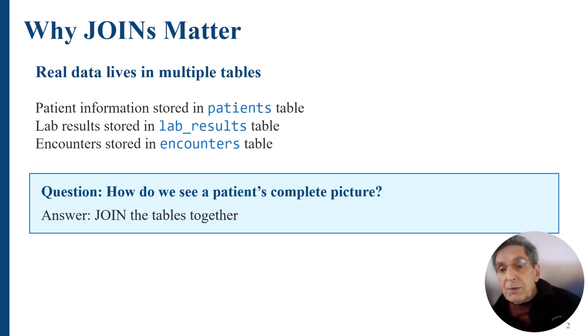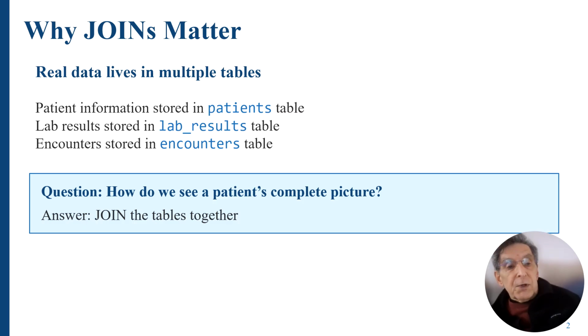The patient demographic information lives in the patient table. Lab results are stored in the lab results table. Encounter information, including things like vital signs and visit notes, is in the encounters table.